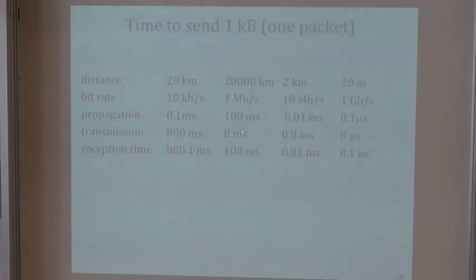In that case, you're dominated by propagation. In other circumstances, like if you have very high throughput and you're very local, then you're dominated by transmission. This will have an impact on the way TCP is designed, for example. TCP is designed to work well in all those situations. But as we will see, there will be optimizations depending sometimes on one of the operating points.